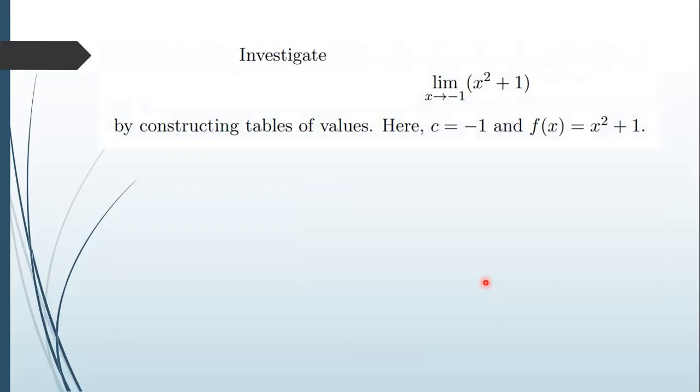And let's investigate another example: the limit of the quantity x squared plus 1 as x approaches negative 1. By constructing tables of values, here c is equal to negative 1 and f of x is equal to x squared plus 1.